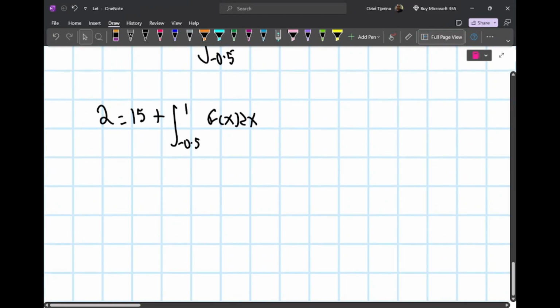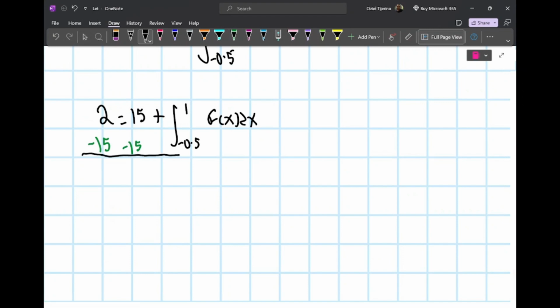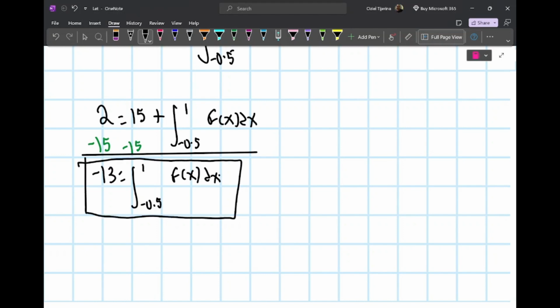Then if we subtract 15 on both sides, we're going to get that negative 13 is equal to the integral from negative 0.5 to 1 of f of x dx. And this is what we get for the first part, guys.